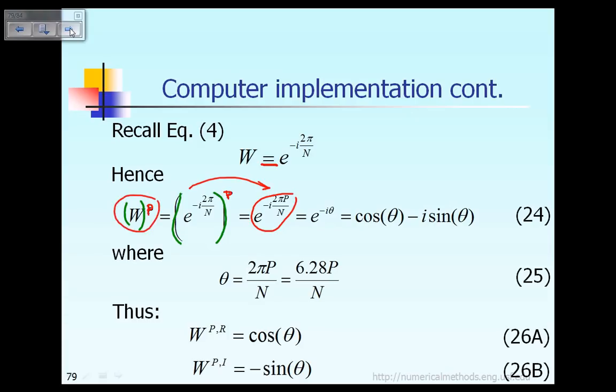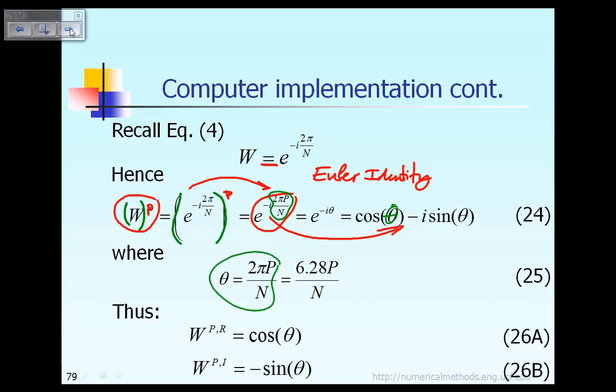Using the so-called Euler identity, we can easily express e raised to that power in terms of cosine and sine, where in this situation the angle theta is 2 pi capital P divided by capital N, just like I mentioned to you in equation 25.